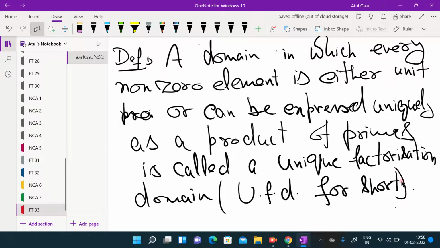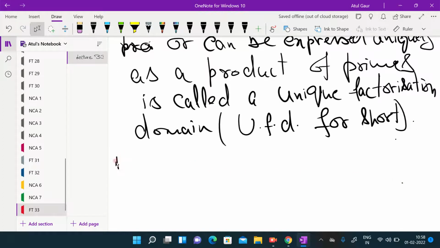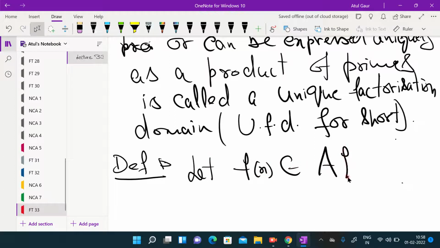All right. One more definition, and that is of primitive polynomials, though I'm sure you must be aware. So let's say f(x) is any polynomial over A, a UFD.